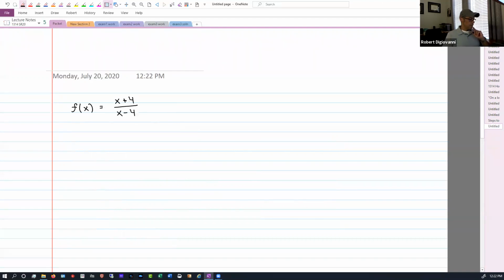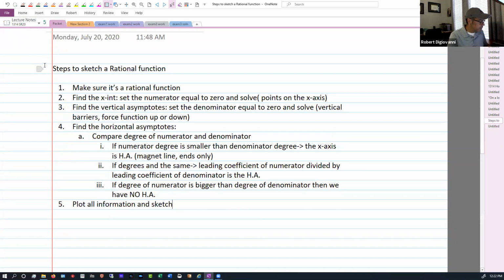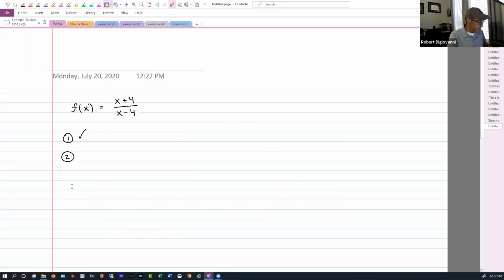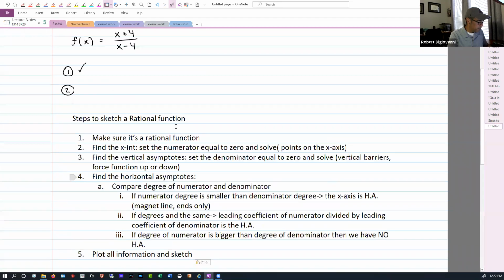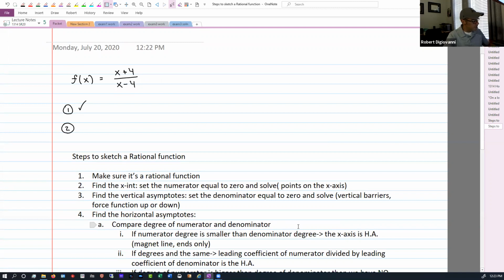All right, so the first step, it is a rational function, so check. The second step, we're going to find the x-intercept. So we're going to set the numerator equal to 0 and solve.